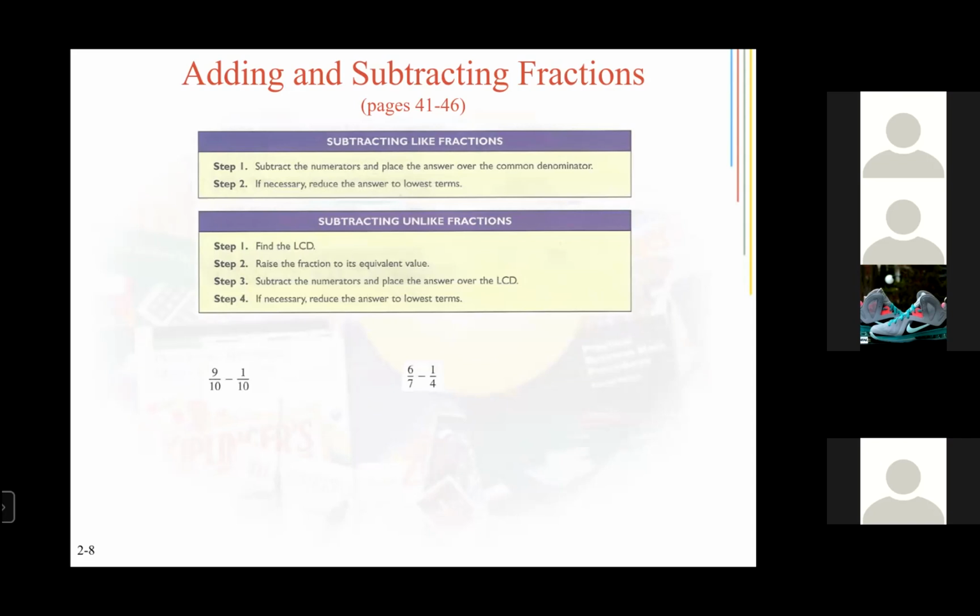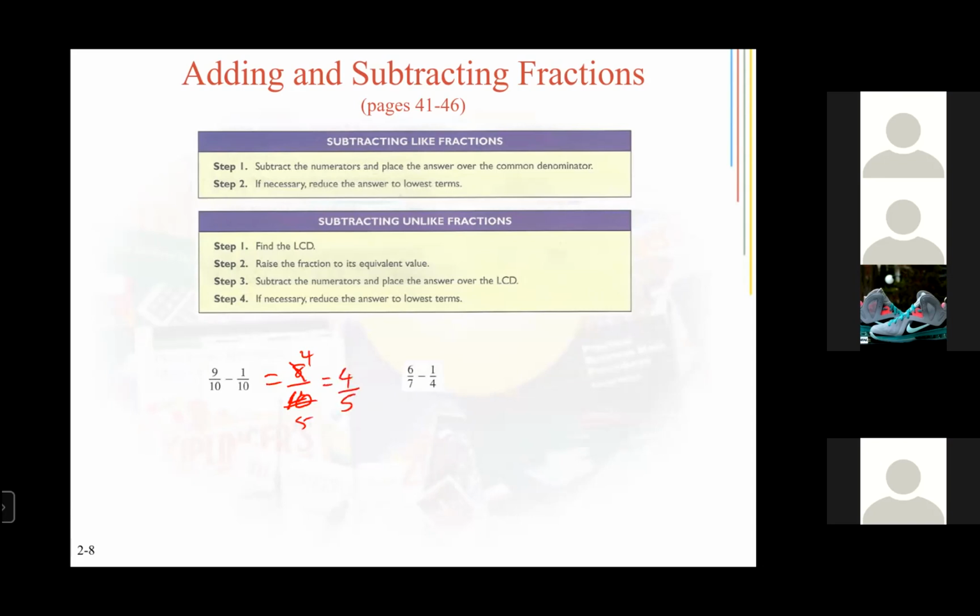That's equal to 8/10, which of course could be reduced. 8 over 10 could be reduced to 4/5. So 2 into 8 is 4, and 2 into 10 is 5. So that's equal to 4 over 5.